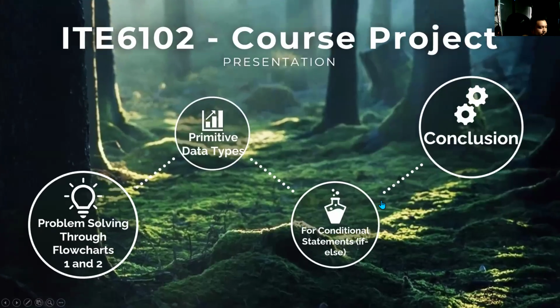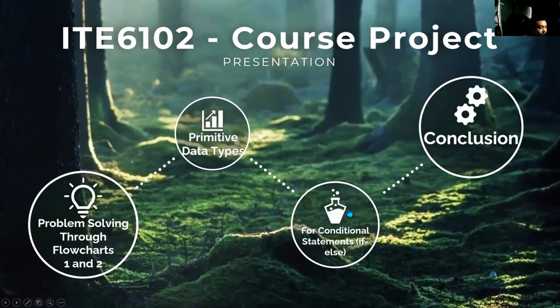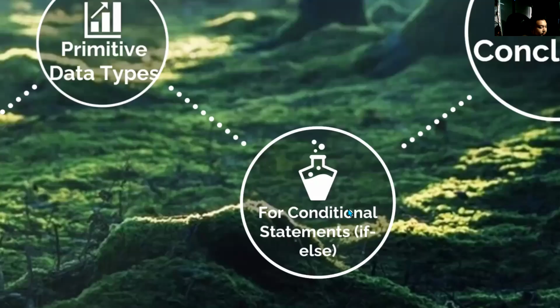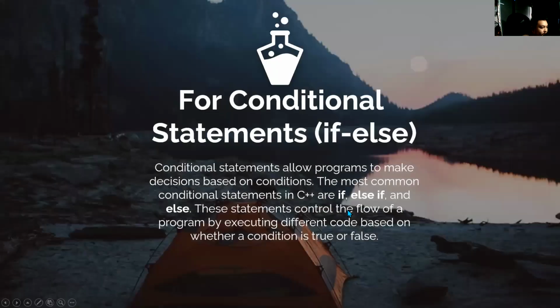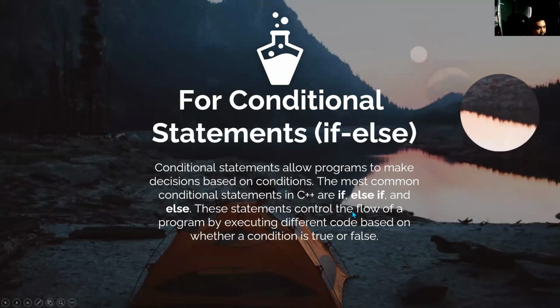Now we're going next to the conditional statements, if or else. If you've seen with the past two talking points earlier, on the programs you've seen me use the conditional statements, if and else. So in code, conditional statements allow programs to make decisions based on conditions.